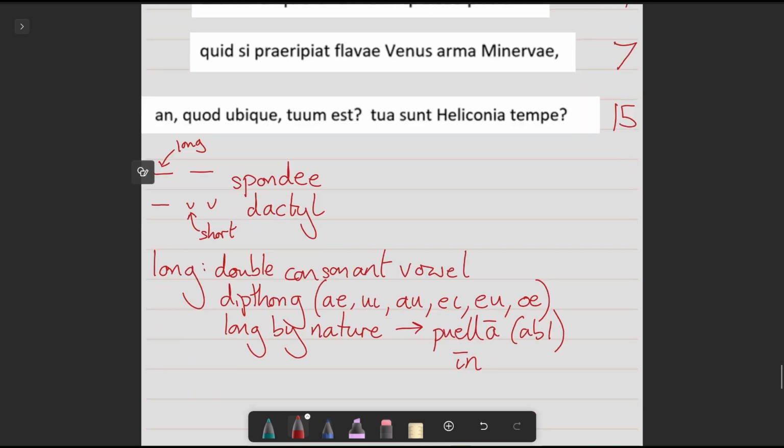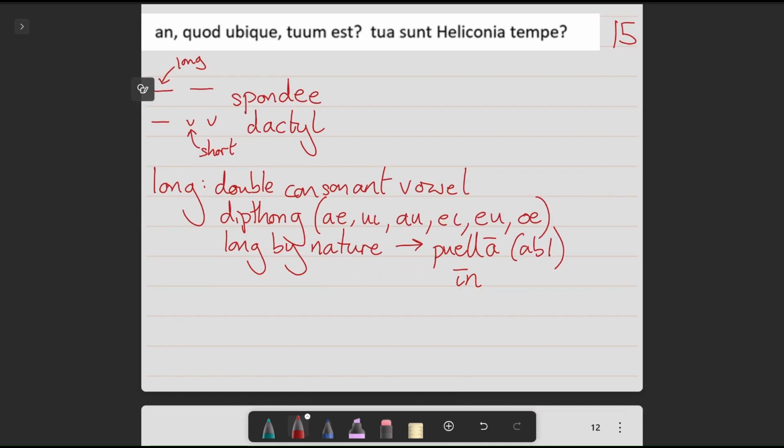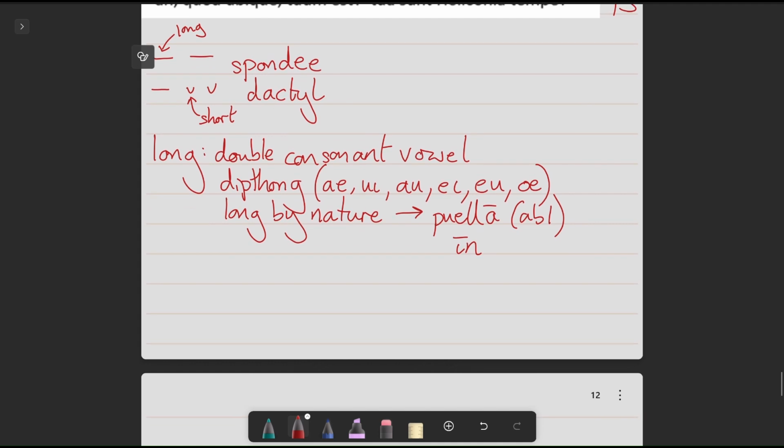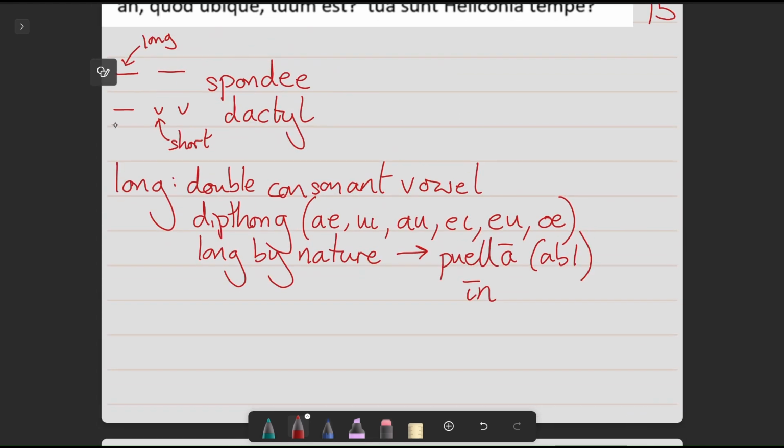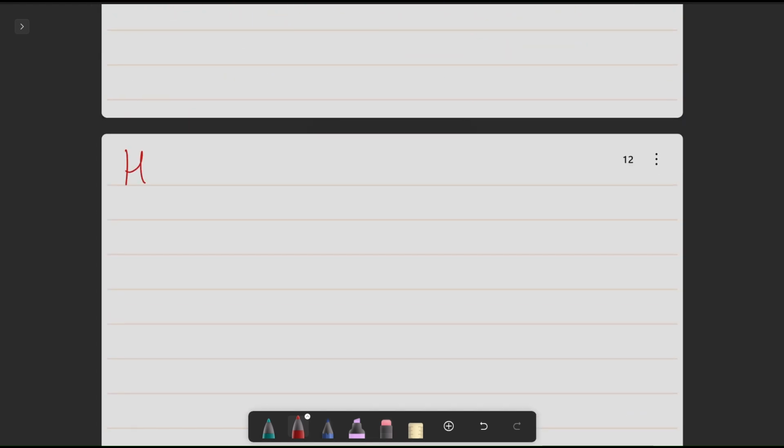So, if we think about hexameter first, I have said that there are 6 feet. Feet. Don't need to pluralise a plural. So, let's go on to the next page. If we take it all with dactyls, with a long, short, short, a hexameter would look like this. Long, short, short, and this means that it's the separation between feet.